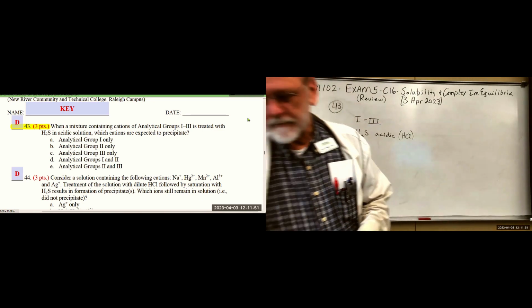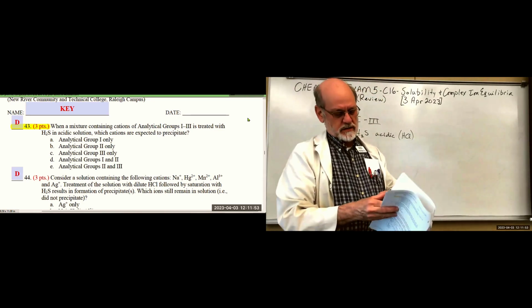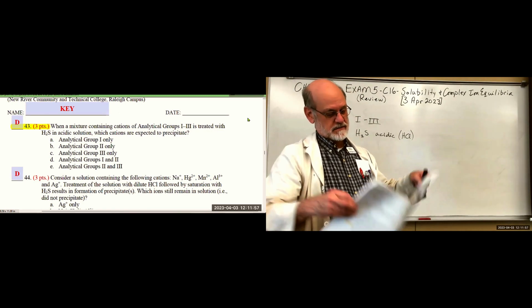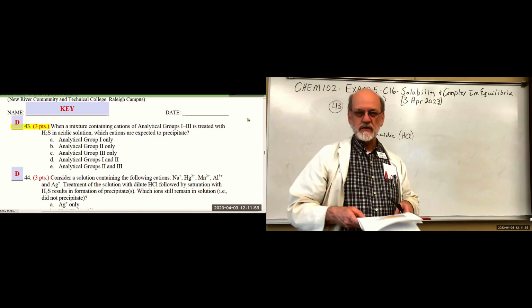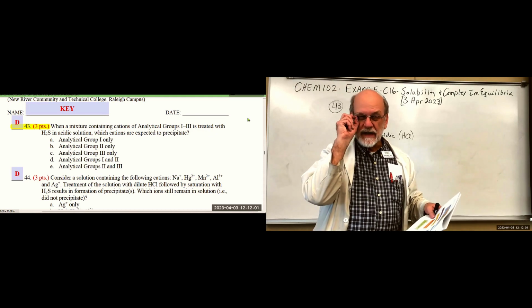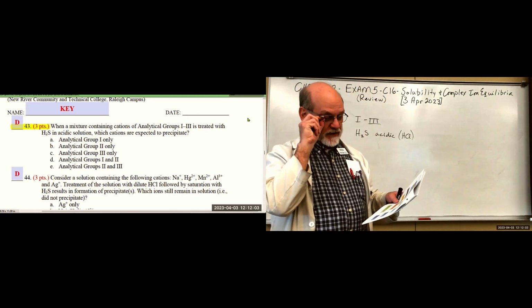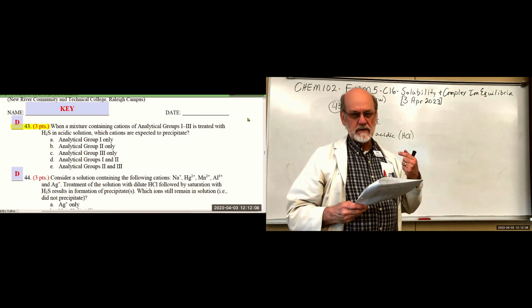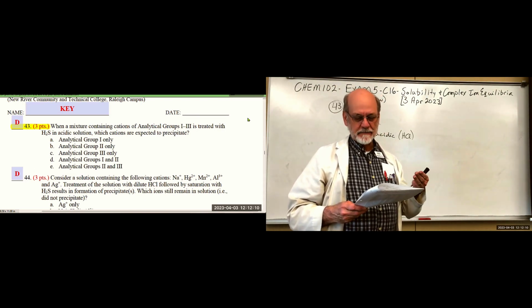So we go to our corrected chart. Groups 1, 2, and 3. HCl first drops out silver, mercury, and lead.